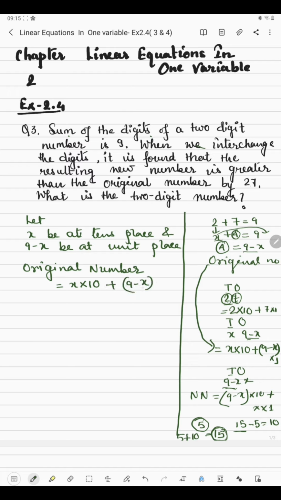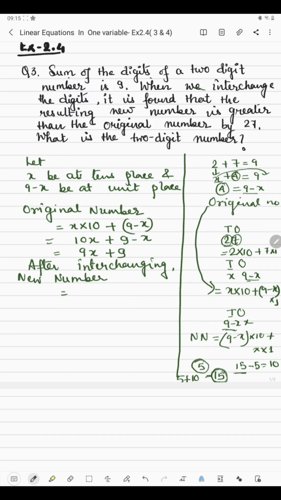Now after interchanging the digits, what will the new number be?